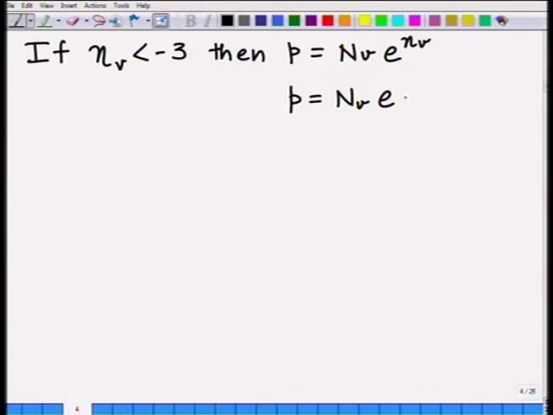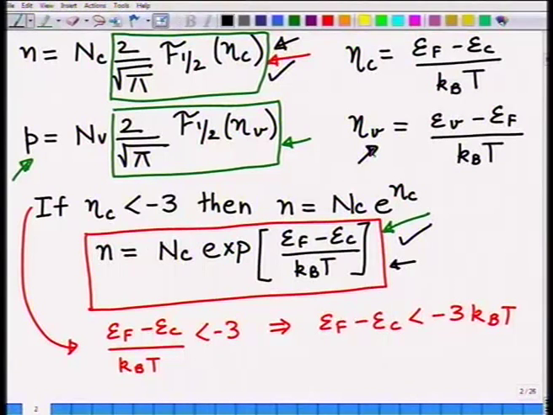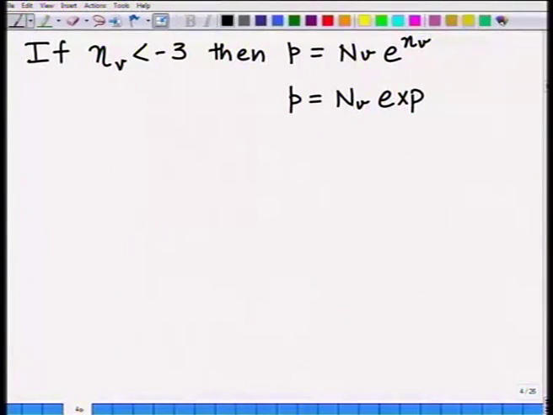Which means I can write P is equal to NV e to power, and you recall what eta v was. Eta v was EV minus EF by kBt.